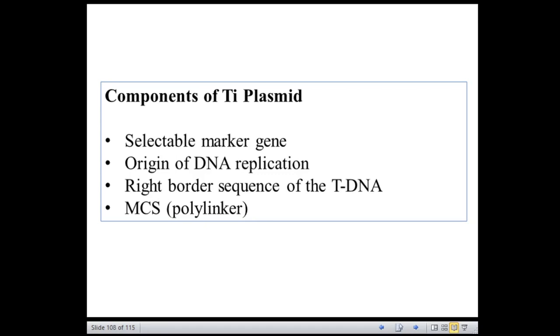Number 1, a selectable marker gene such as neomycin phosphotransferase, as an example. This confers kanamycin resistance to transformed plant cells.